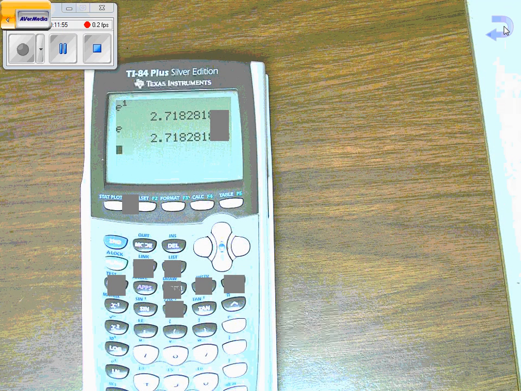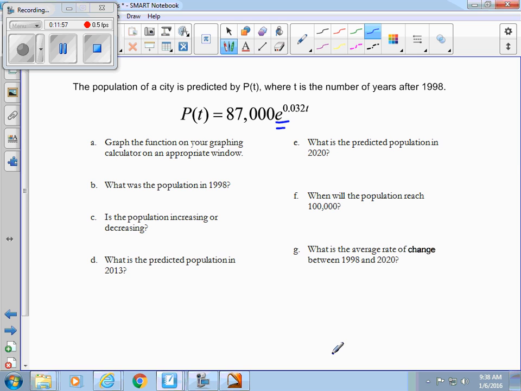Today, the word problems that we're going to be looking at, they're going to set them up for us. Later, we will learn how they got this set up. But today, we're just going to take a function that they gave us. It just happens to be exponential, and answer questions about it. So this is the bulk of what your homework looks like tonight. So it says, graph the function in your calculator on an appropriate viewing window.